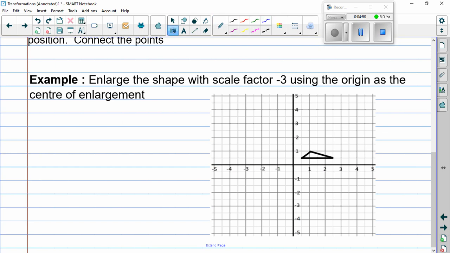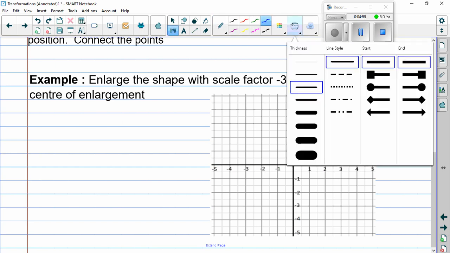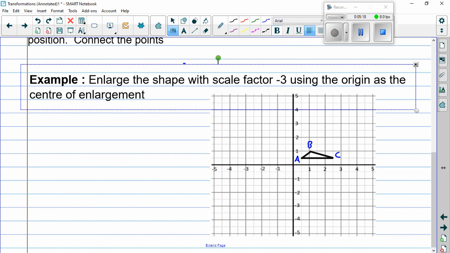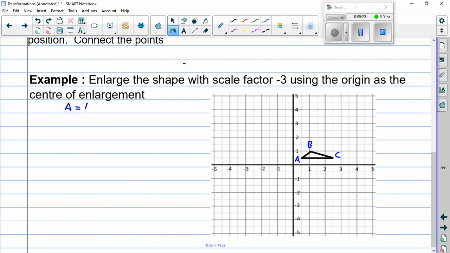So here, instead of drawing lines and doing all that, this time I'm going to pick out the coordinate points. We'll just label these points A, B, and C. And over here, I'm just going to say A is equal to, well, that's 0.5, 0.5, right?